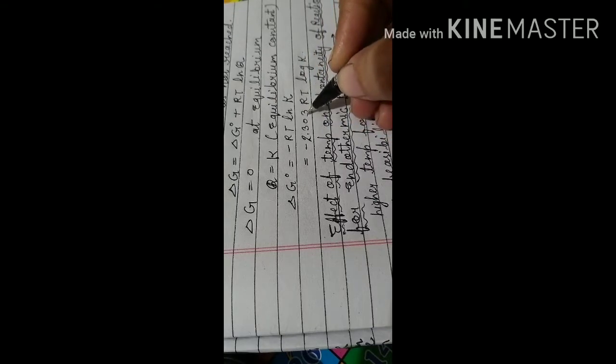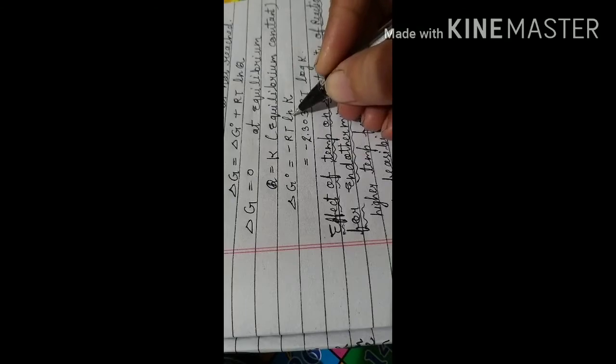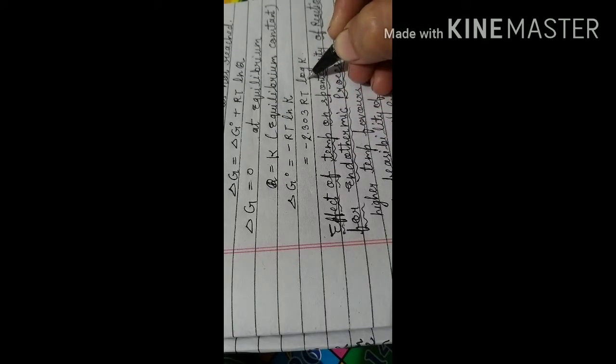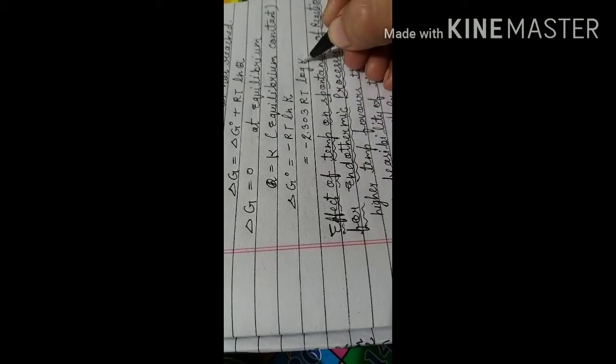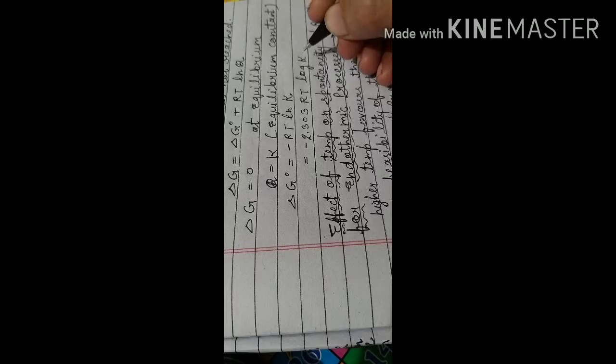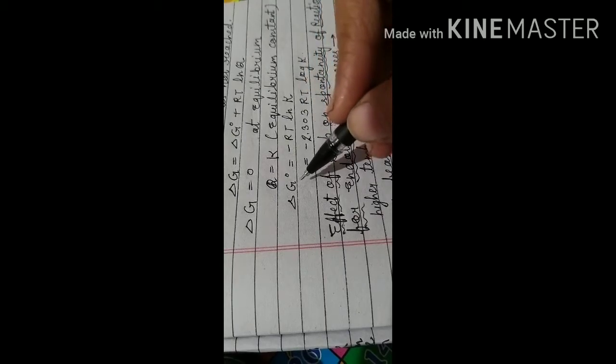You can write Kc also, which denotes the equilibrium constant. So we have got one relation about delta G that we can use during numerical problems to calculate the Gibbs free energy change.